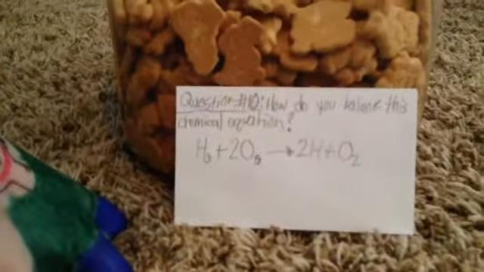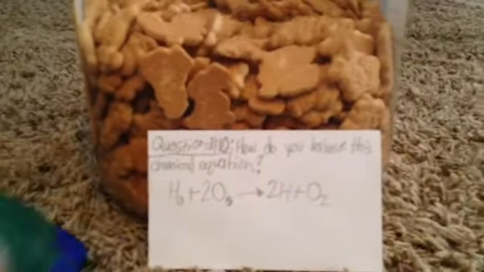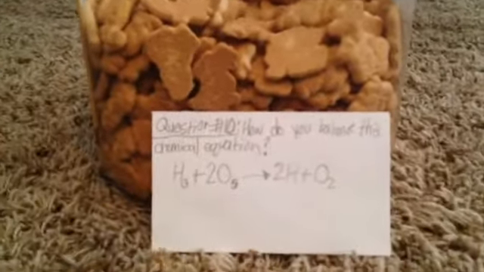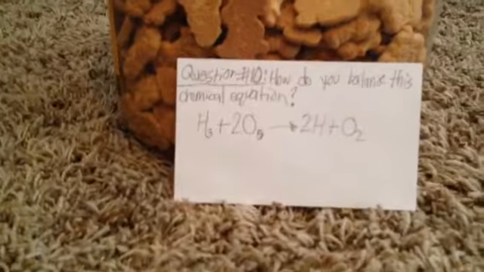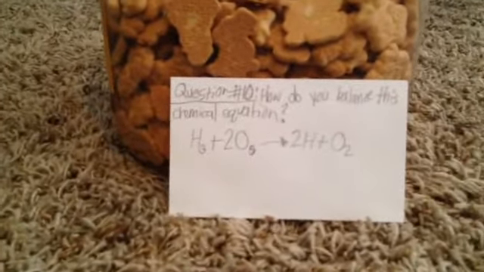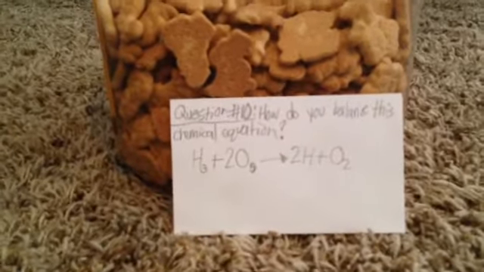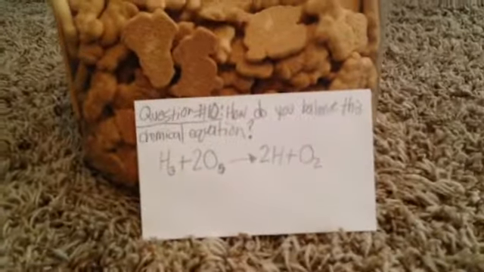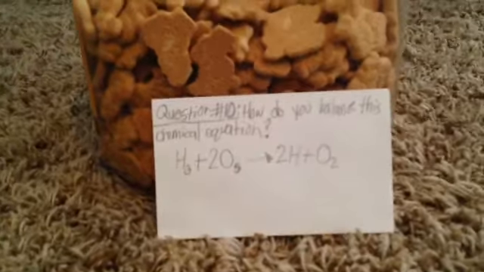Okay, James, question 10 is how do you balance this chemical equation? H3 plus 2O5 yields 2H plus O2. All right. Since it's another drawing one, I was just going to give him another piece of paper. All right. Let's cut back whenever he's all done and see what he put down.